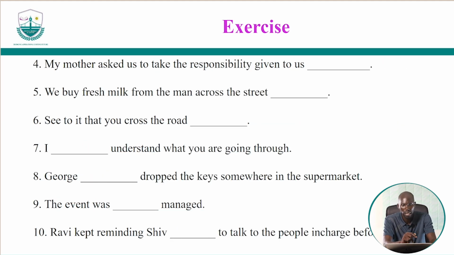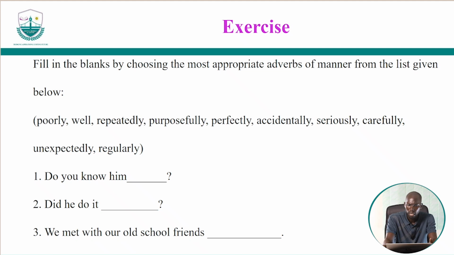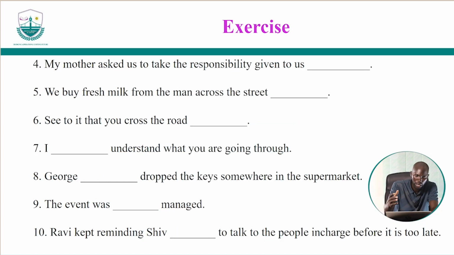The fourth question says, my mother asked us to take the responsibility given to us dash. Do you say given to us poorly, well, repeatedly, purposefully, perfectly, accidentally, seriously, carefully, unexpectedly, or regularly? You should pick one of those adverbs of manner in the bracket to answer this question.